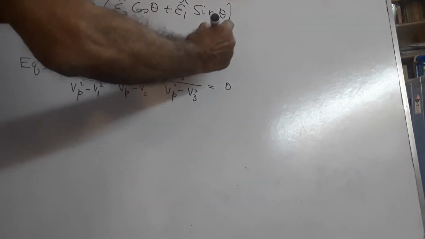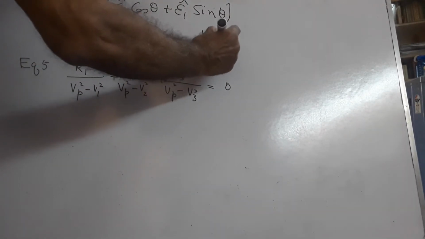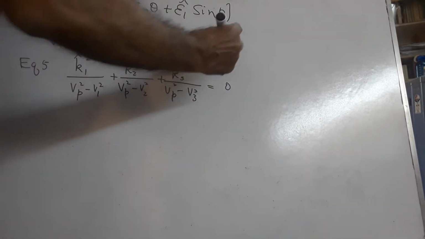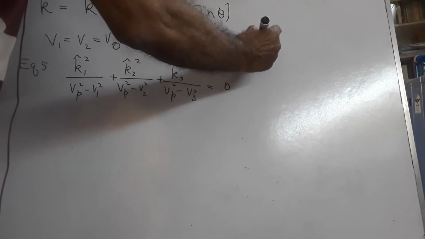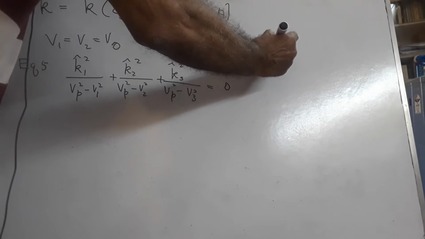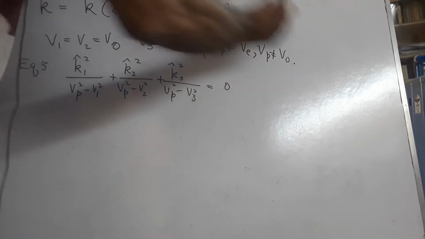We will assume here that the solution Vp of this equation is not equal to Ve, or Vp is not equal to Vo.